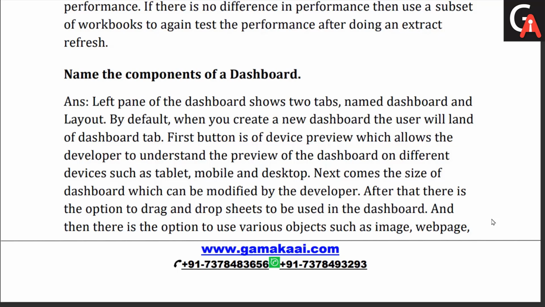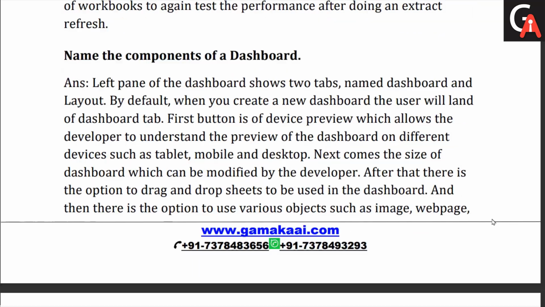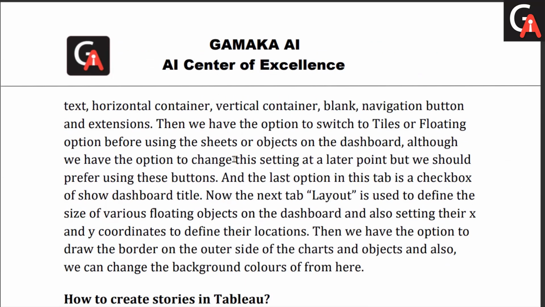After that, there is an option to drag and drop the sheets to be used in the dashboard, and then there is an option to use various objects such as images, web page, text, horizontal container, vertical container, blank, navigation buttons and extensions.